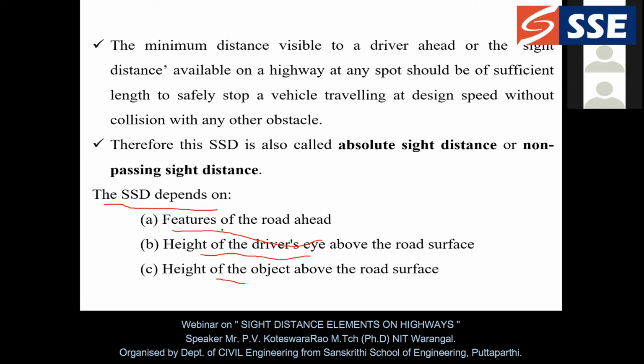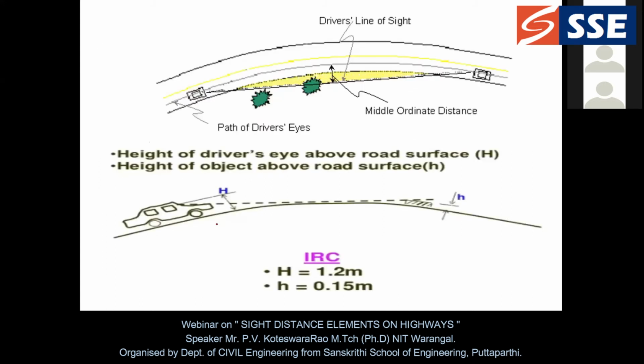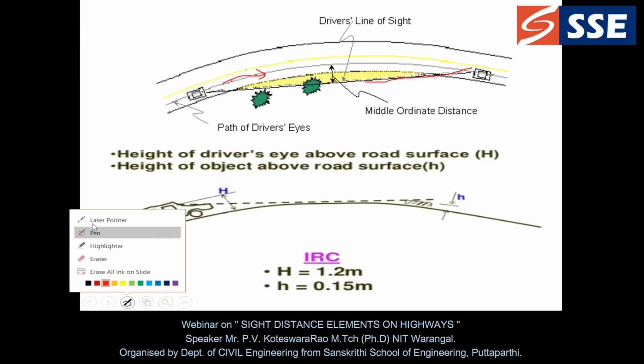Please observe this diagram. Here on a highway, this is the direction of flow and this is my vehicle. This is the line of sight we have.